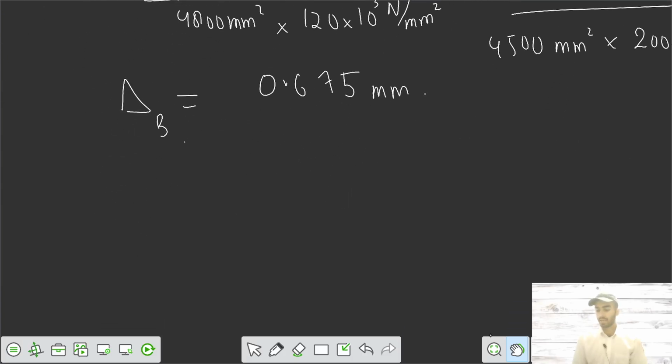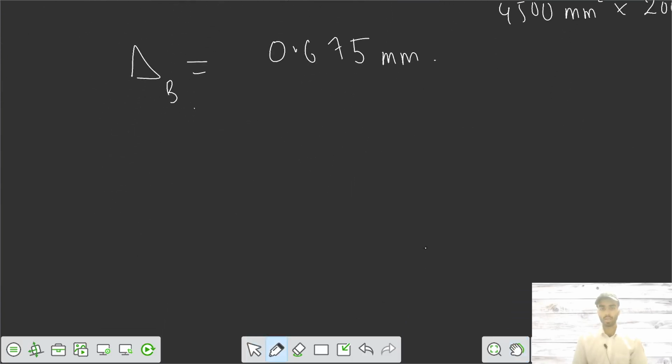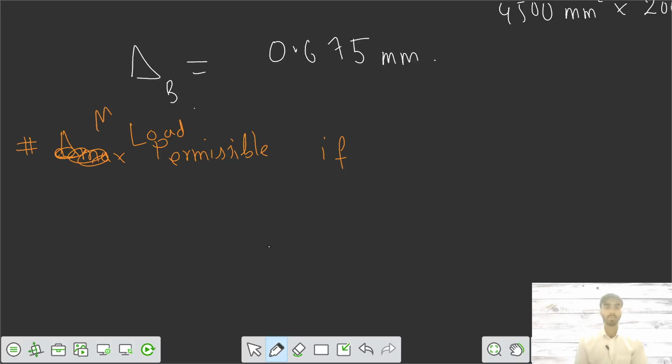The next part of this question says, what is the maximum permissible load, the maximum load that is permissible if delta maximum is limited.